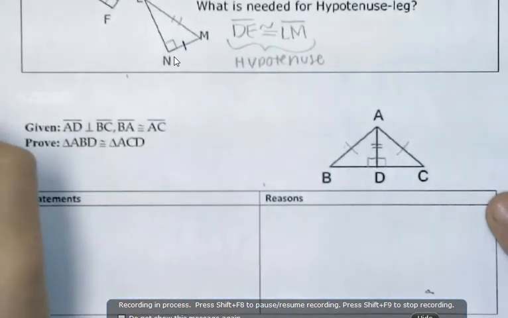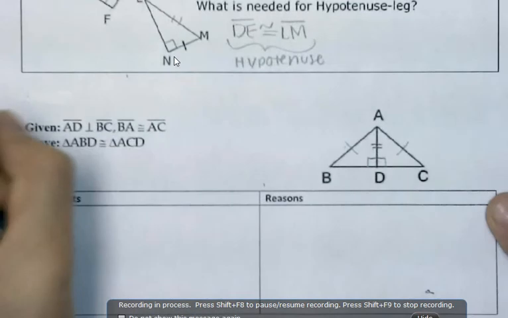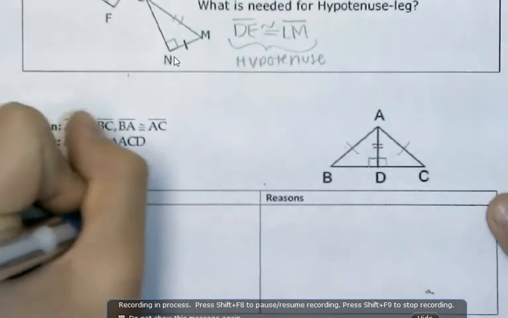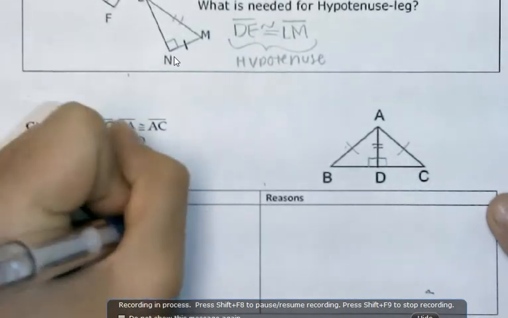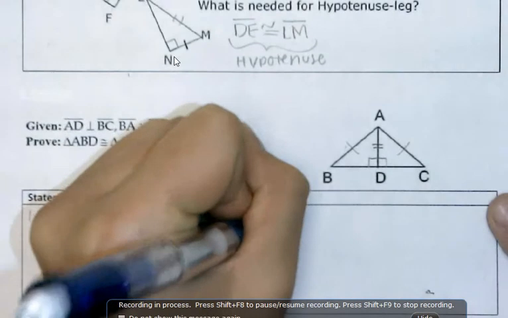So let's get started. We have segment AD is perpendicular to BC, and segment BA is congruent to AC. The reason: because it is given.